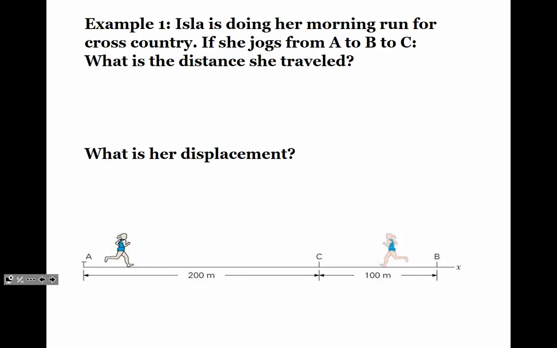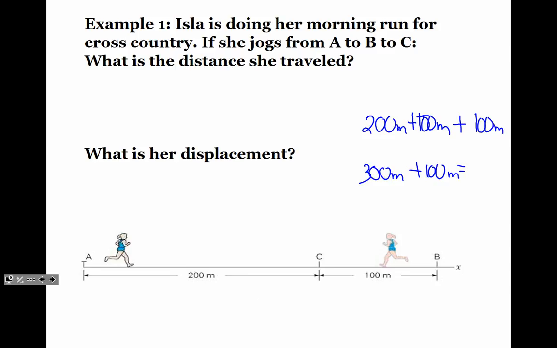You can actually write it how it's drawn, which is 200 meters plus 100 meters. And then she goes from B to C another 100 meters. You can also write this 300 meters plus 100 meters. It just depends on how you look at it as an individual.